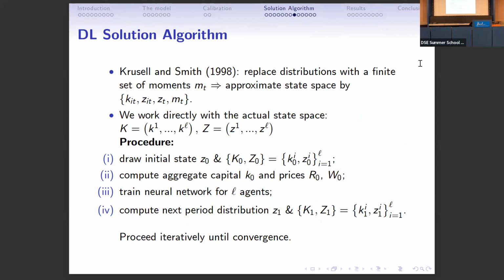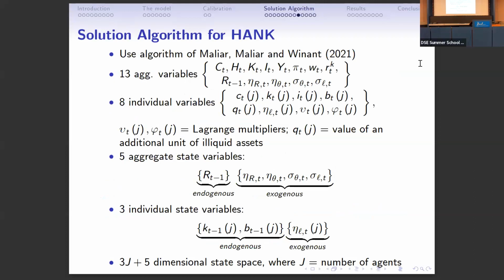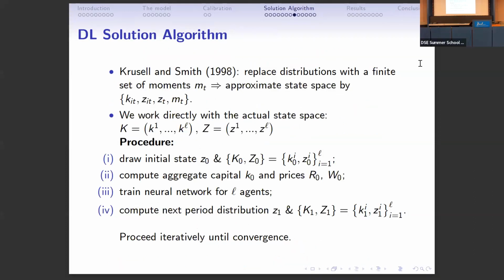For the Krusell-Smith model, the state space in our algorithm includes the capital holdings and the productivity level of each agent, and in addition aggregate capital and aggregate productivity as state variables.